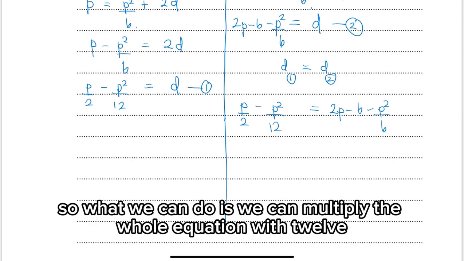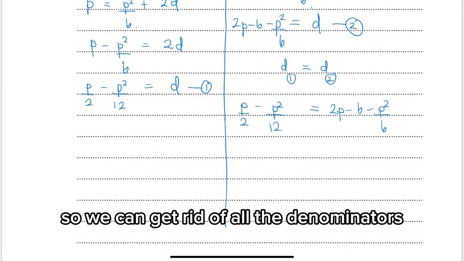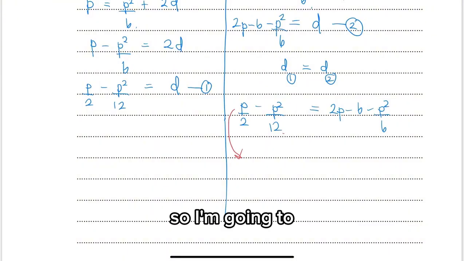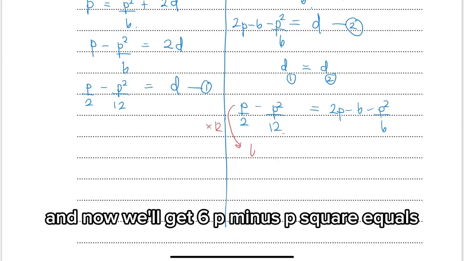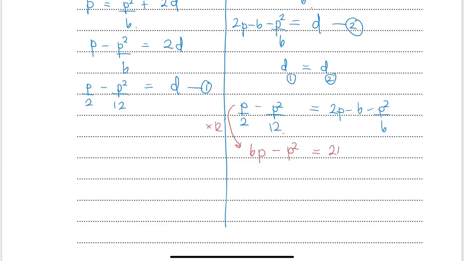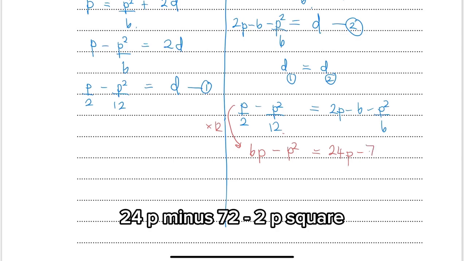So what we can do is multiply the whole equation by 12, so we can get rid of all the denominators. Now we'll get 6p minus p squared equals 24p minus 72 minus 2p squared.